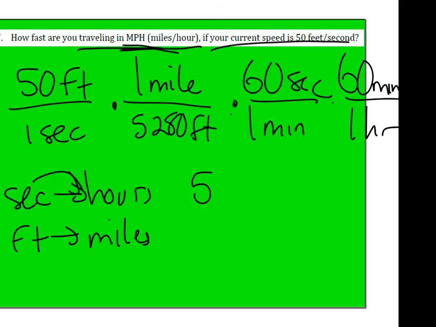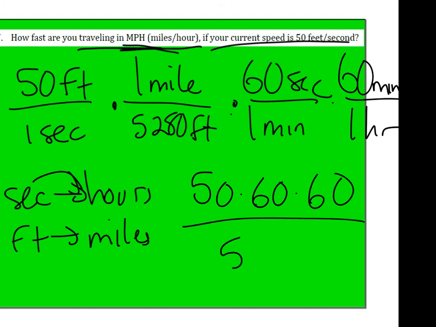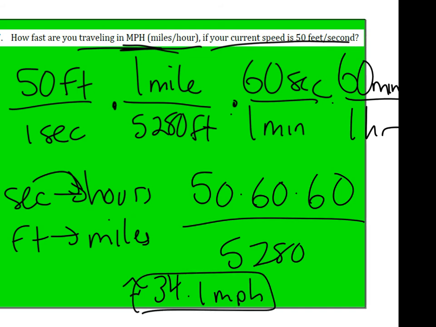So this ends up being 50 times 60 times 60 on the top over 5,280 on the bottom. A little quick calculation. So I get approximately 34.1 miles per hour.